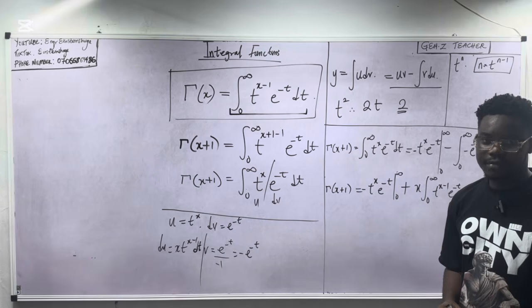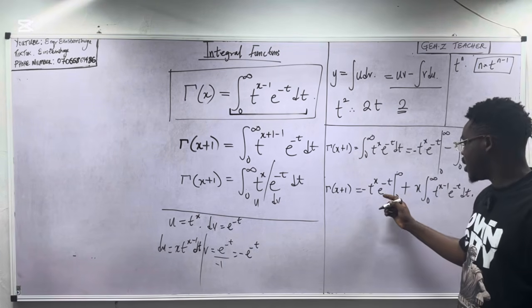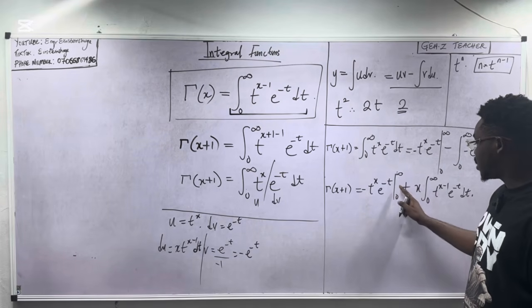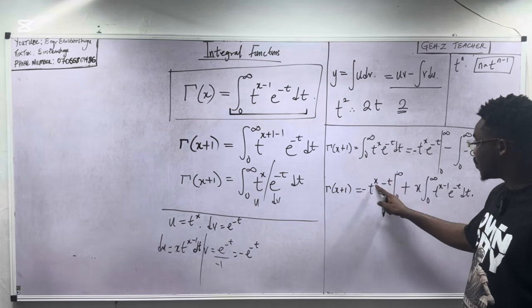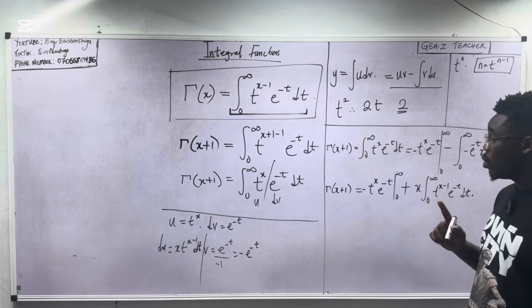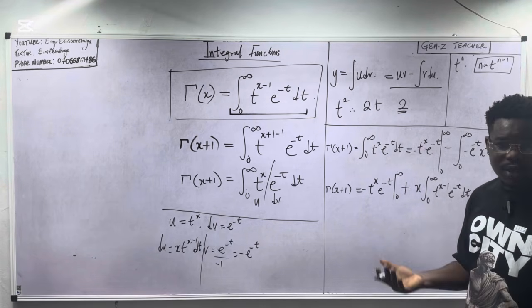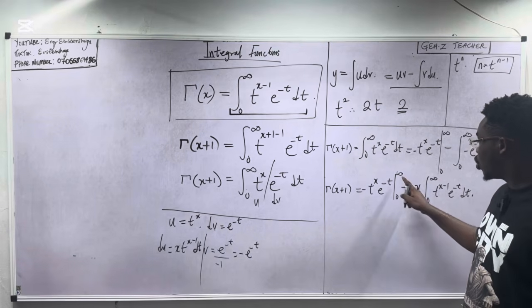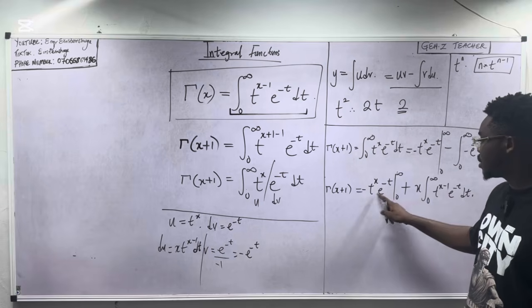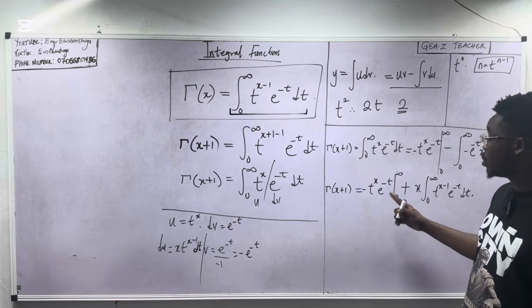Now observe, what do I mean? First things first, let's apply the limit, infinity and then 0. Remember again, very importantly, we are integrating with respect to t. So you're going to apply your limit to t, not x. Anywhere you see t, you're going to put infinity and then minus, you're going to put 0.